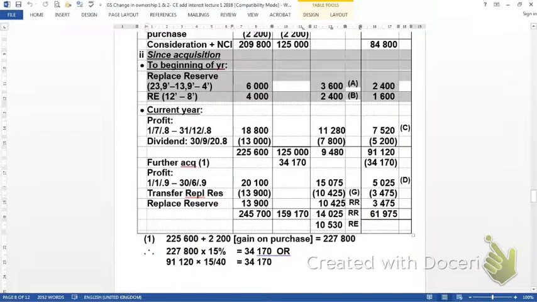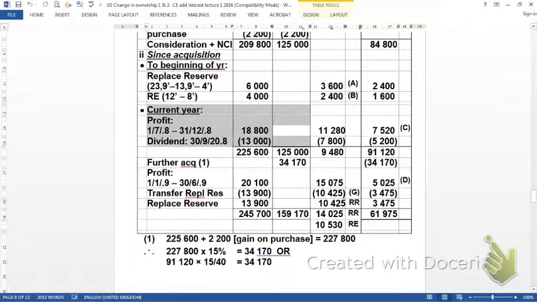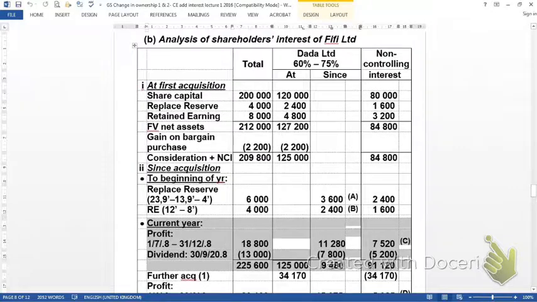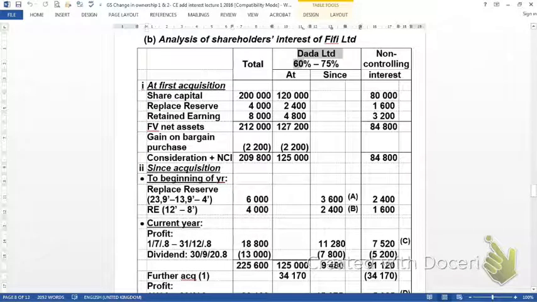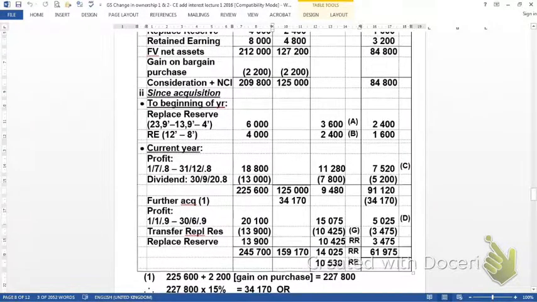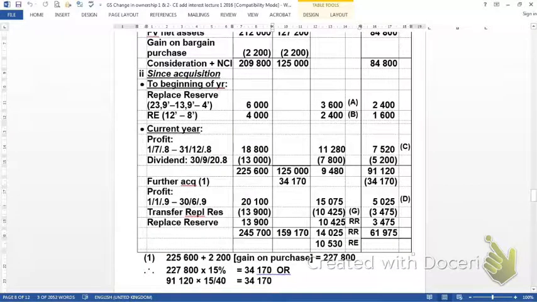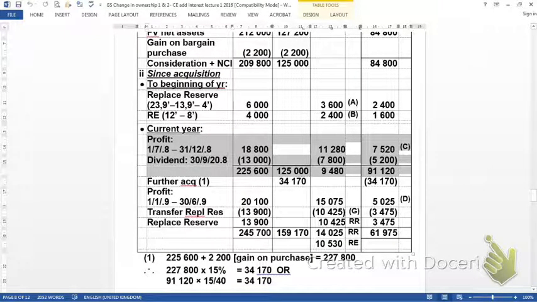And then we come to the current year. Now, very, very important, in this current year, you must calculate what is the situation up to 31 December 20.8, and calculate what is the interest which is currently standing at 60%. What is that interest? And this is the calculation that we are doing up to that point there.